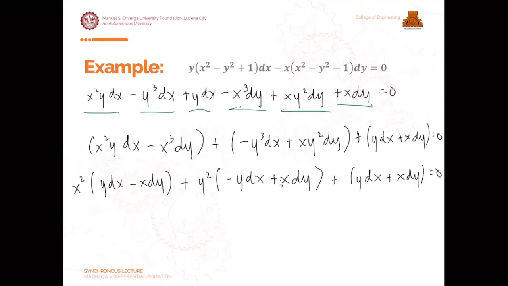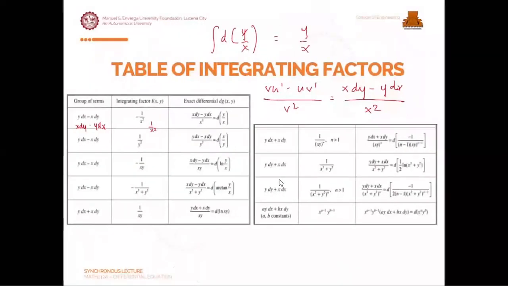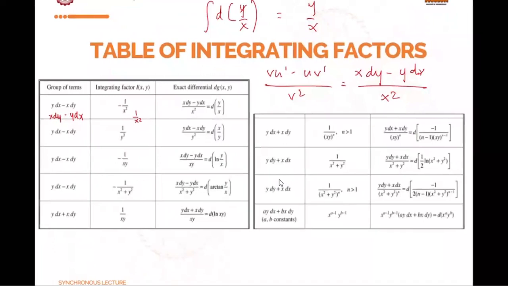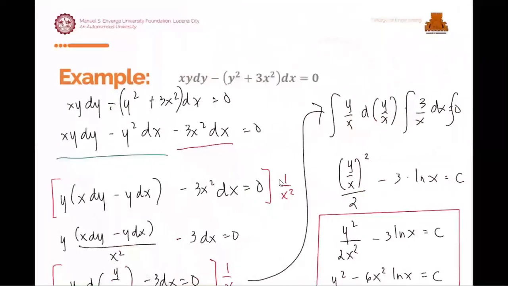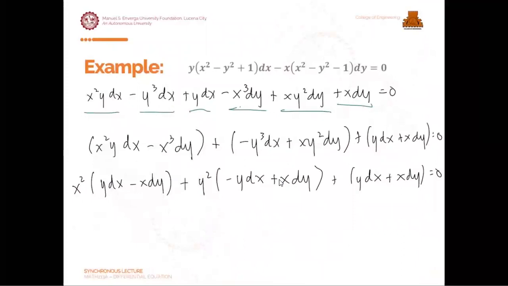So, tingin tayo dito. Meron tayong x dy minus y dx over x squared, no? Tapos meron tayong ito, kasunod. Pero kailangan natin, para ma-apply natin yung derivative, sa term na to para maging y dx minus x dy, dapat yung nasa ilalim niyan is imaginary muna to ha, yung y squared, no?